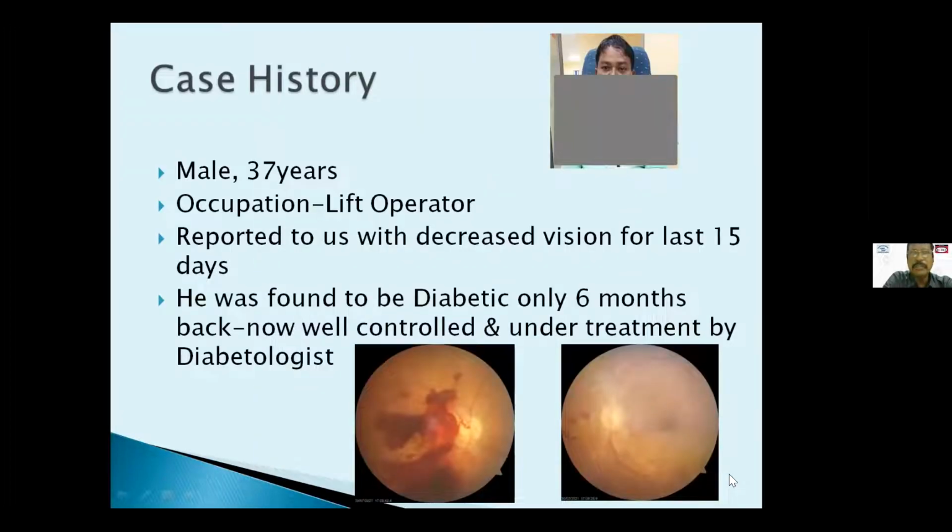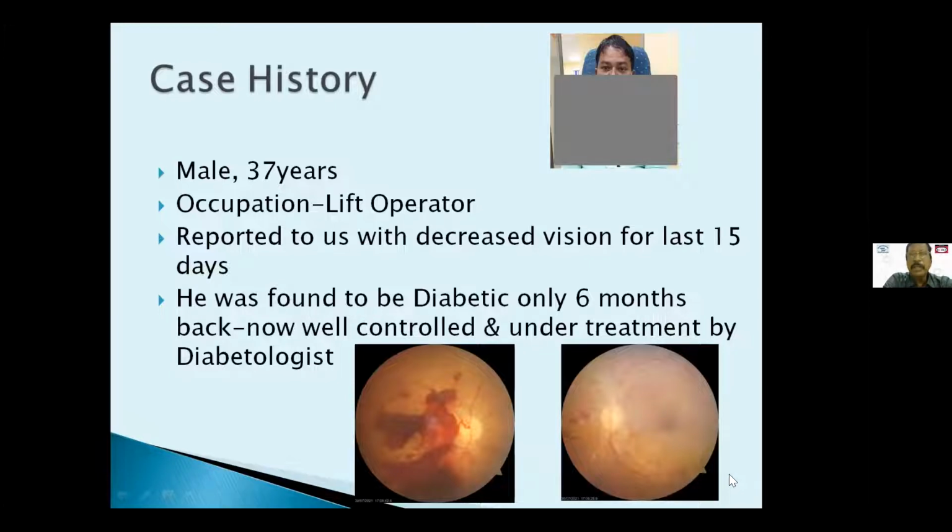So just before we start the program, as you know, today's topic is proliferative diabetic retinopathy, the end stage of a disease, because probably it has not been taken proper care in its early stage, which we are working hard on in the prevention of diabetic retinopathy. So this is a small example: a 37-year-old man came to us with decreased vision for only the last 15 days.